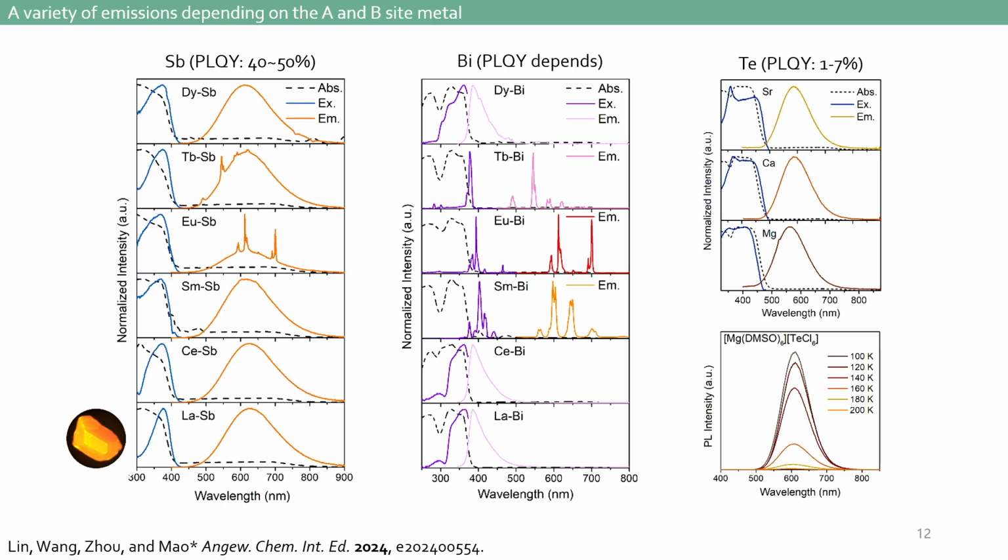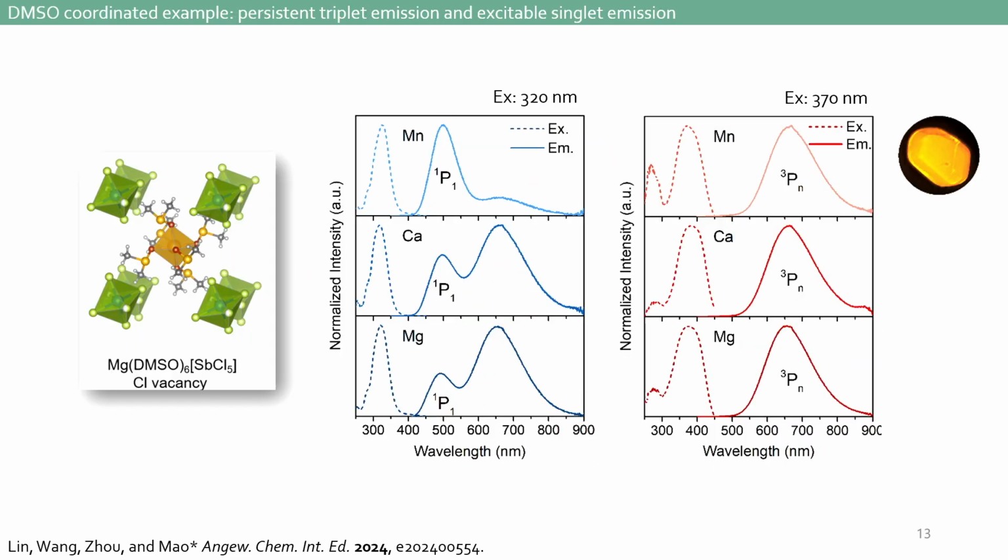And then if we look at the geometry that relates to these emission properties, for instance, this is a magnesium DMSO6, antimony chloride 5. The green ones are the antimony ones, and the center is the coordinated center.